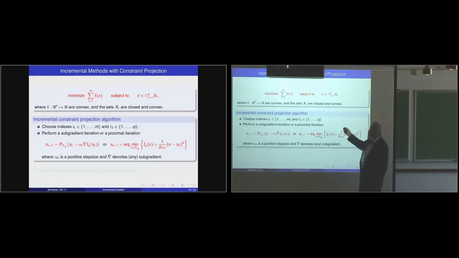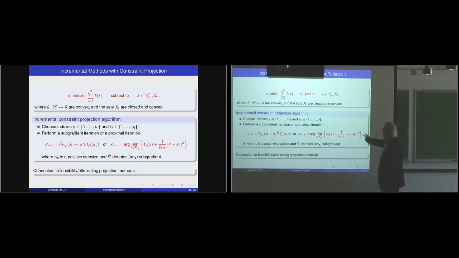So if this is a complicated polyhedron, the intersection of half spaces, you can choose as components half spaces, which makes this minimization much simpler, and this projection trivial. That's the big thing about this incremental treatment of constraints. It simplifies the minimization a lot. Otherwise, these iterations are similar as before. This component subgradient, and this is a proximal iteration involving only a single cost function component.